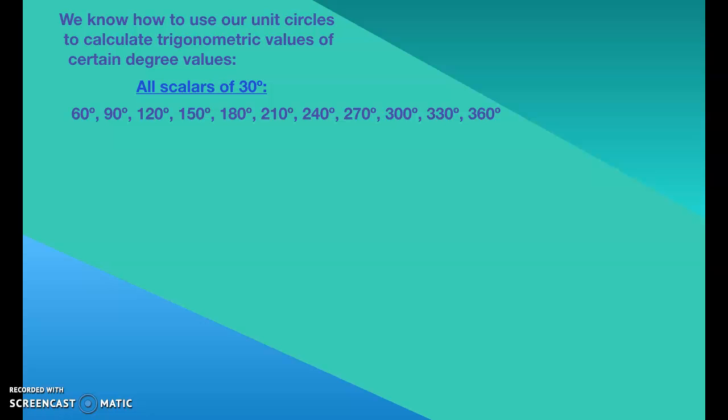And of course we tweak the positive and negative signs, but the numbers are the same after 90 degrees. Then we've got 45 degrees and all the scalars for that. Maybe you guys have been off enough that this is starting to be foggy for you, but you can use your unit circles. Don't use your calculators except as a check.